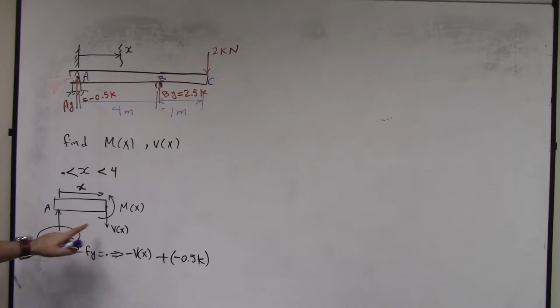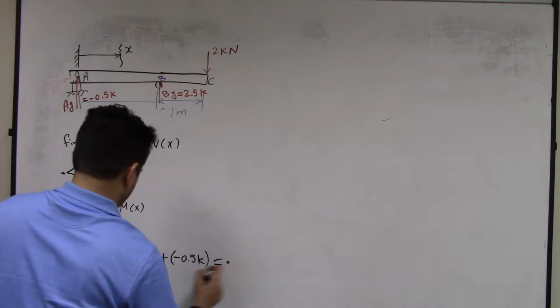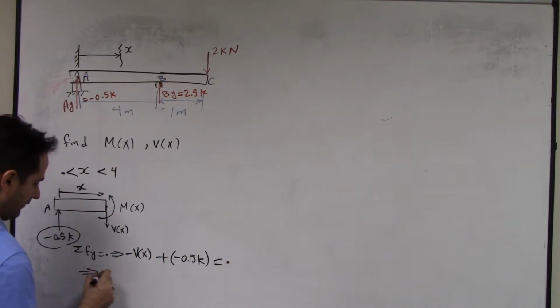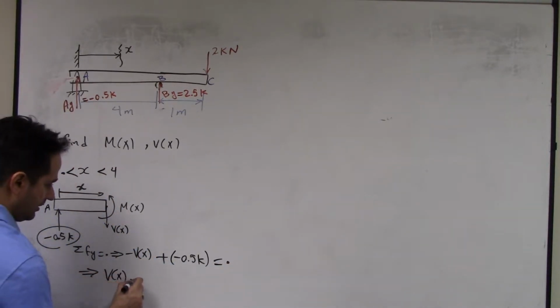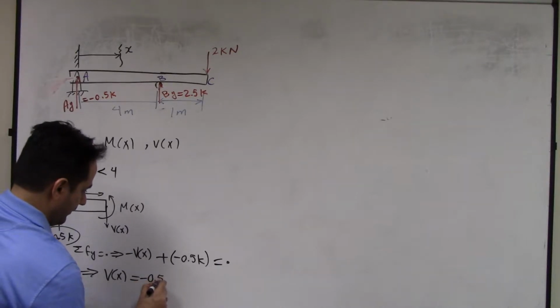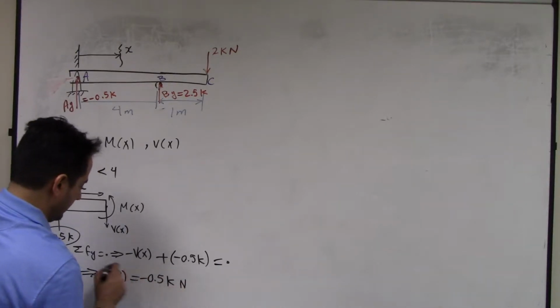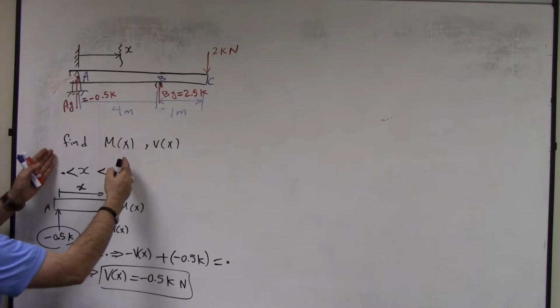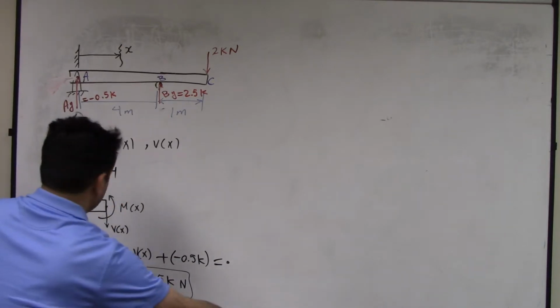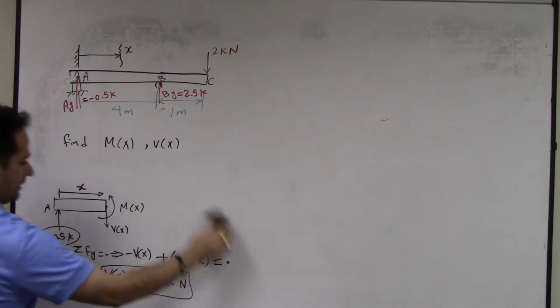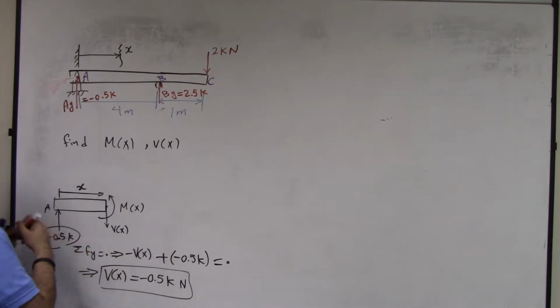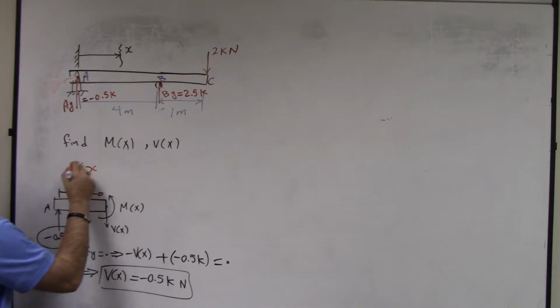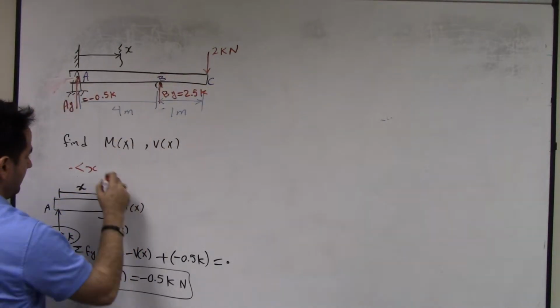Negative Vx plus negative 0.5K is equal to 0. That means Vx is equal to negative 0.5 kilonewton. This is the shear between x 0 and 4. Let's write it in another color. X between 0, not all, only here, between 0 and 4.